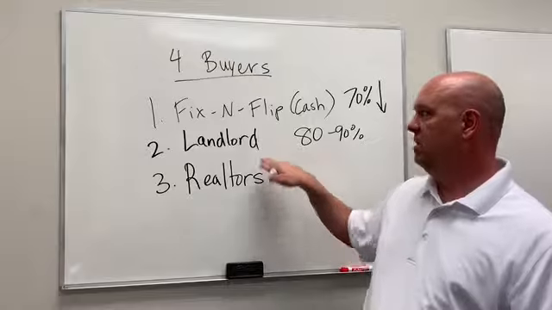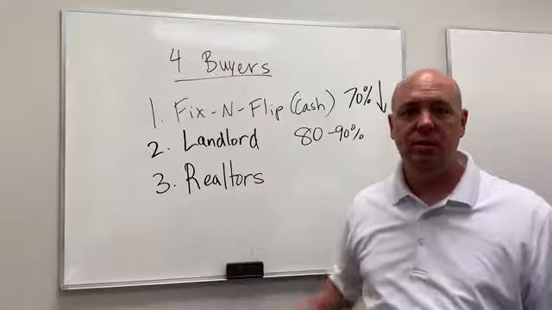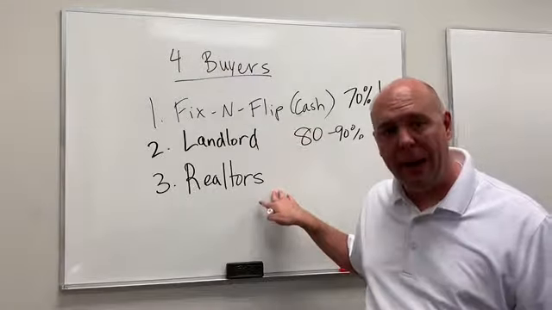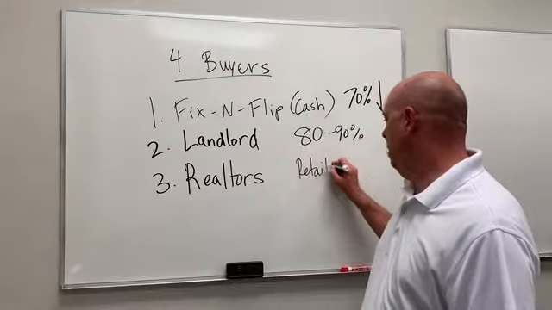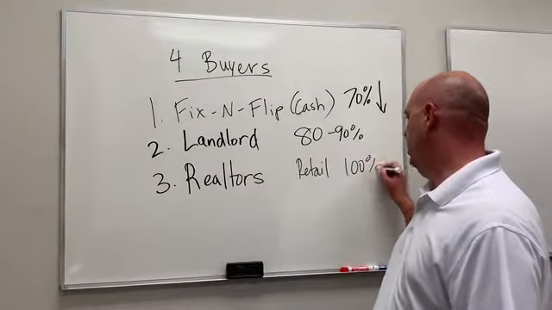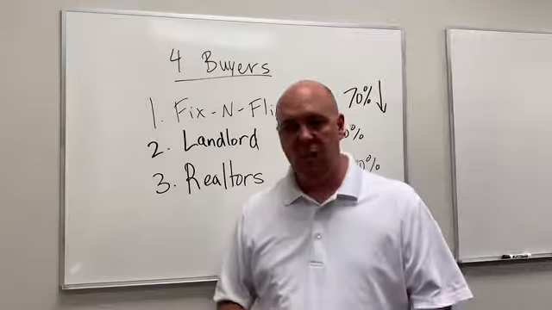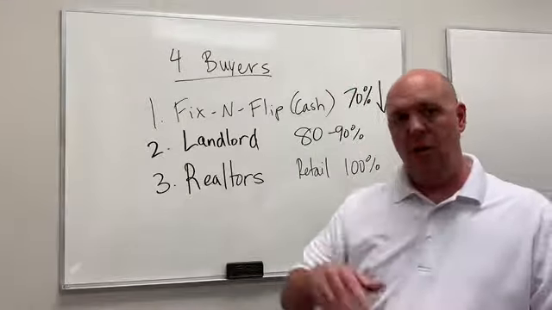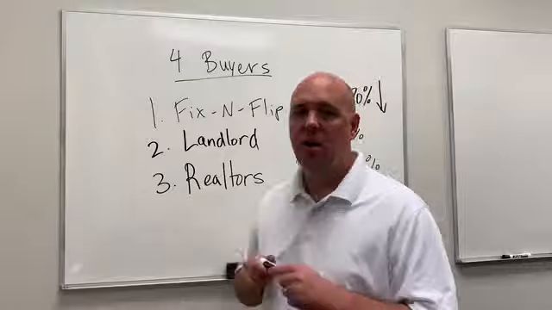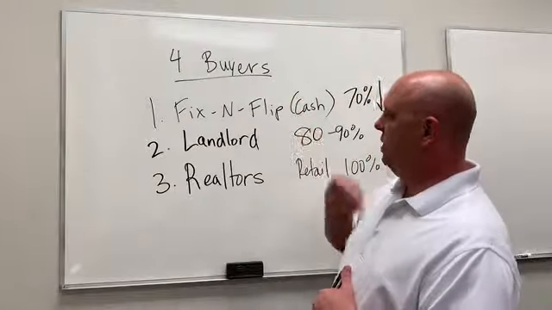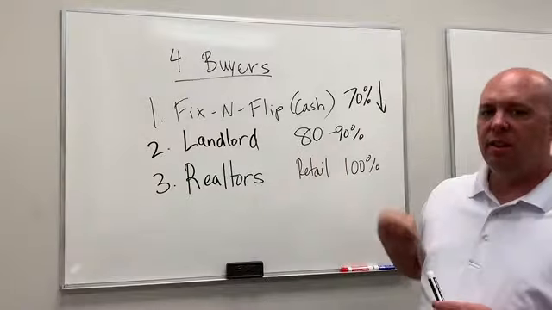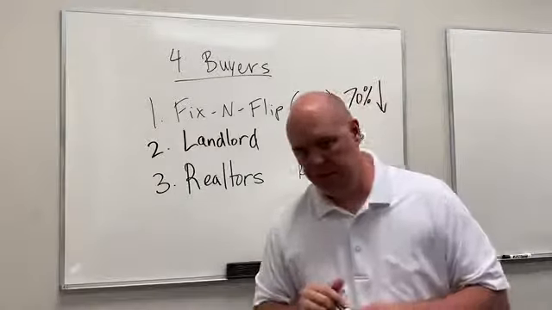Realtors have clients that are fix and flip buyers, and realtors have buyers that are retail buyers too. So they will buy up to 100% of retail, if they qualify and you are okay waiting to have that buyer close on that property according to their financing that they need. So you have your fix and flip buyers, your landlord buyers, and your realtors.